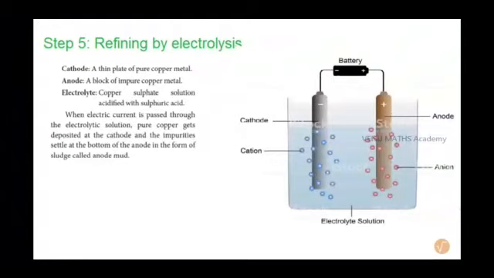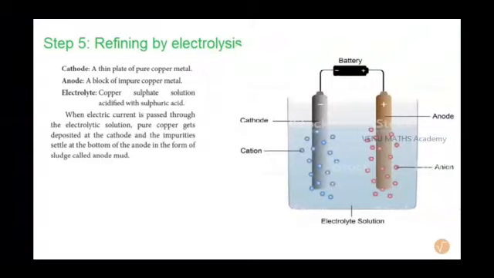When electric current passes through the electrolyte solution, pure copper will be deposited at the cathode and impurities will be deposited at the bottom of the anode as a sludge. Wet mud is referred to as sludge.